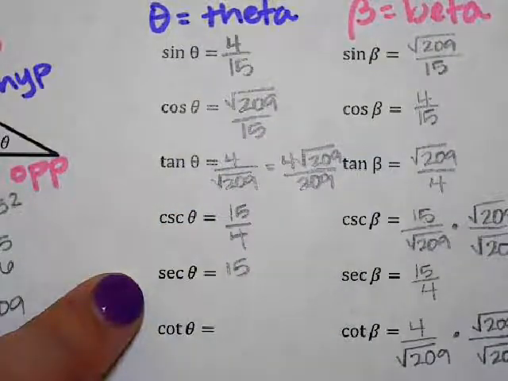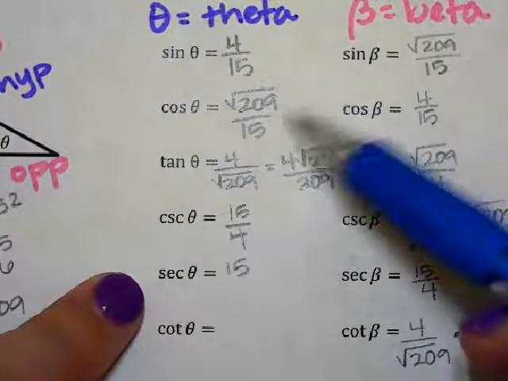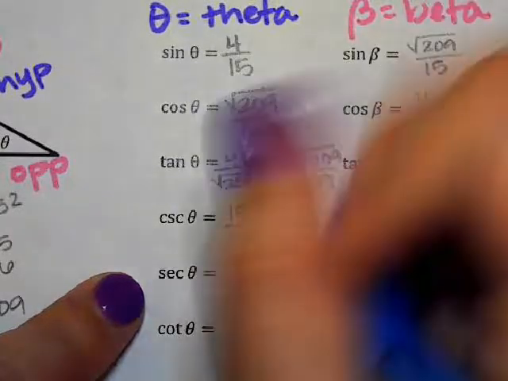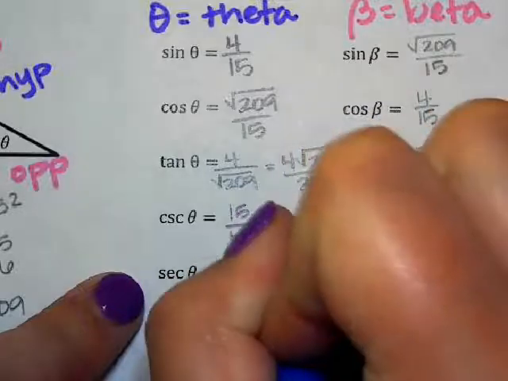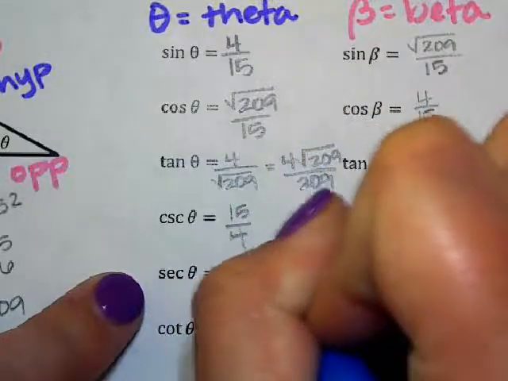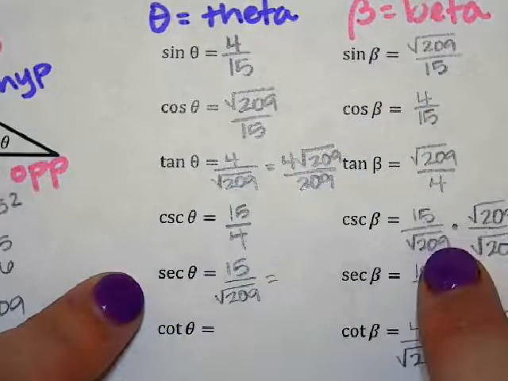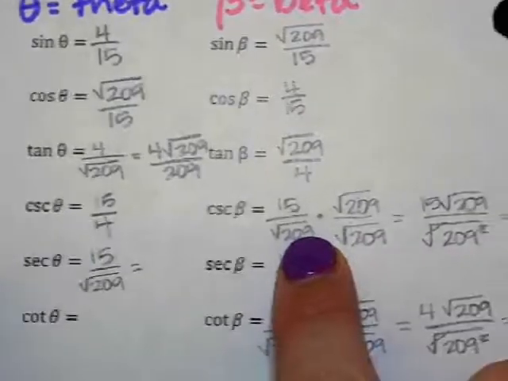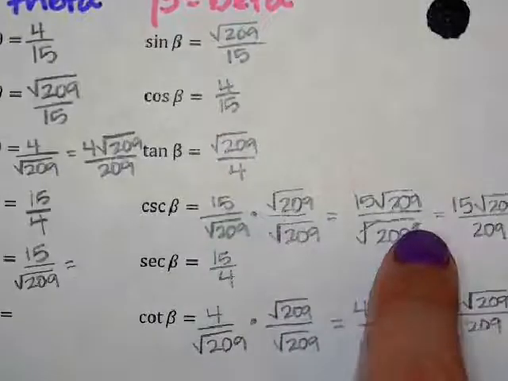So you have 15 over root 209 when you get started. And then Bria was just already doing the simplifying and looking at the final answer. So 15 root 209 over 209.